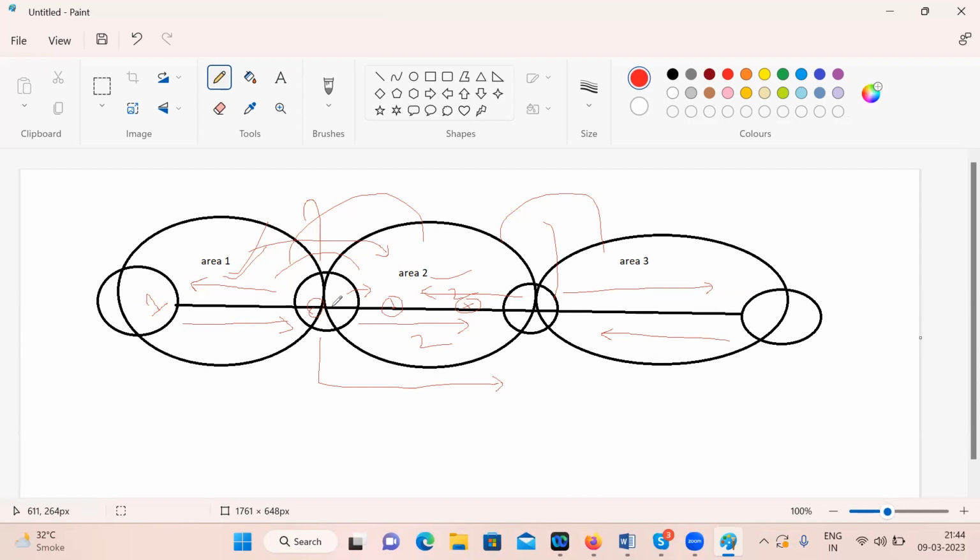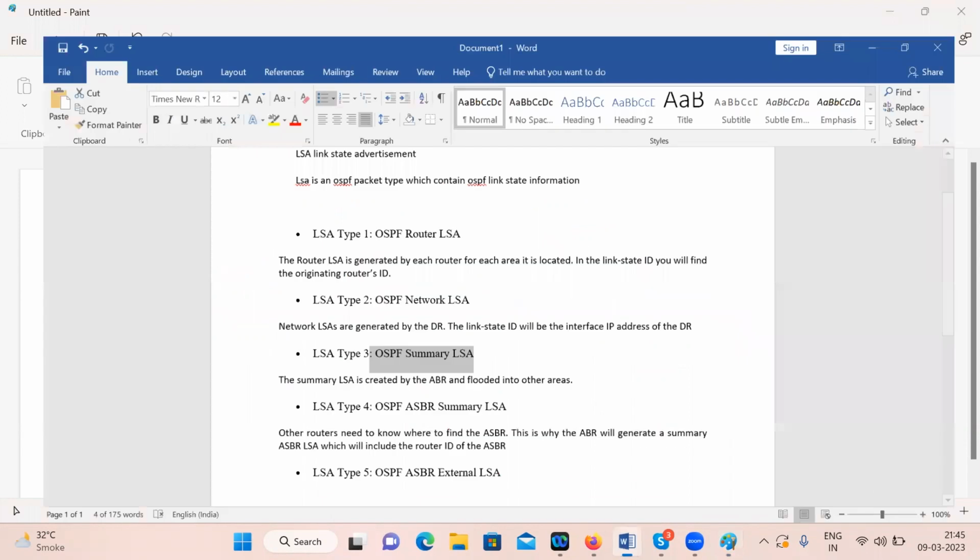Only the area border router will generate it and flood throughout the area, and it will stop over here. Next, this router will generate type 3 LSA again and flood throughout area 3. So only the area border router generates type 3 LSA. It contains one area's information for another area.